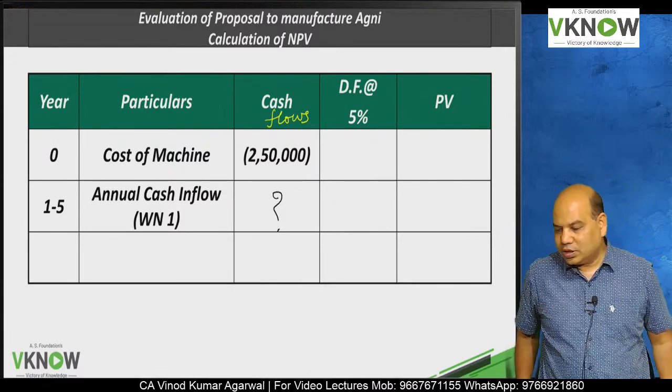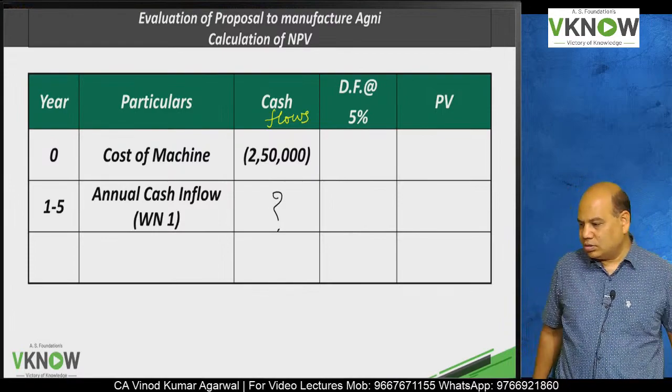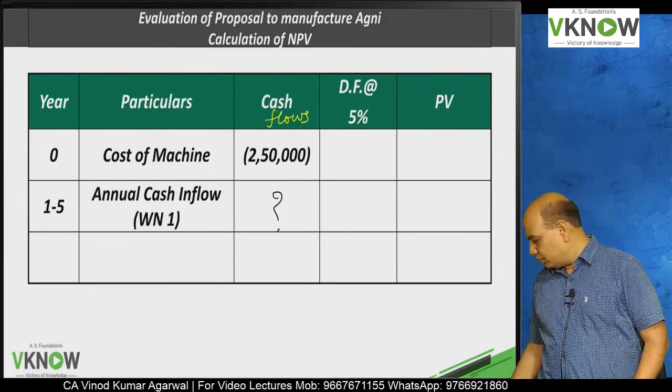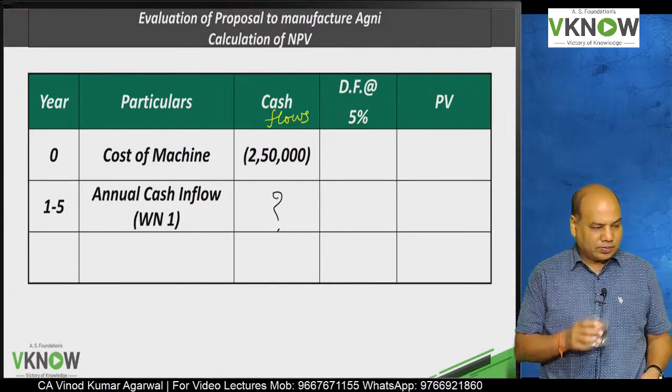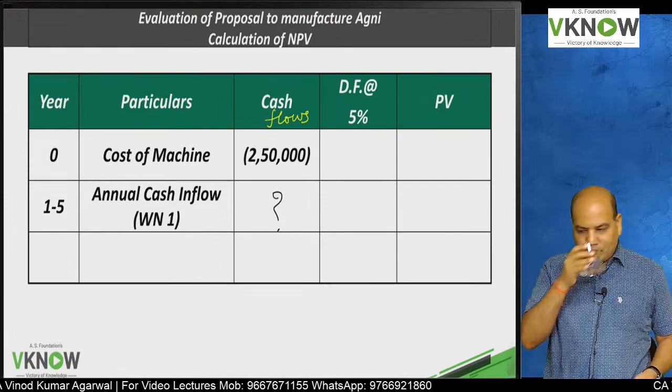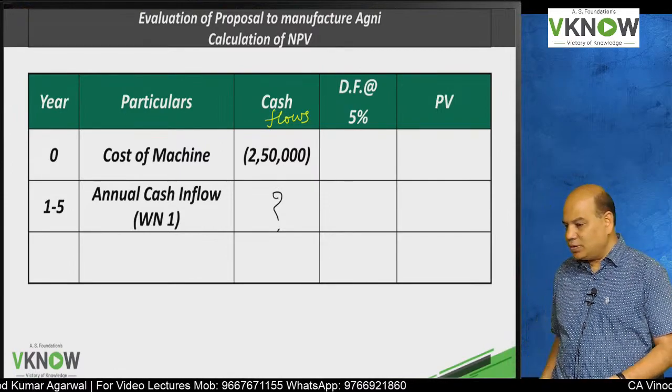So 2,20,000 is not right, that is your sales figure. Sales minus expense. Please try.